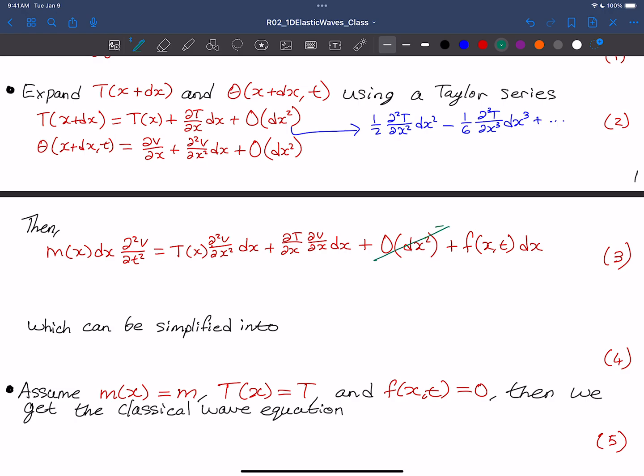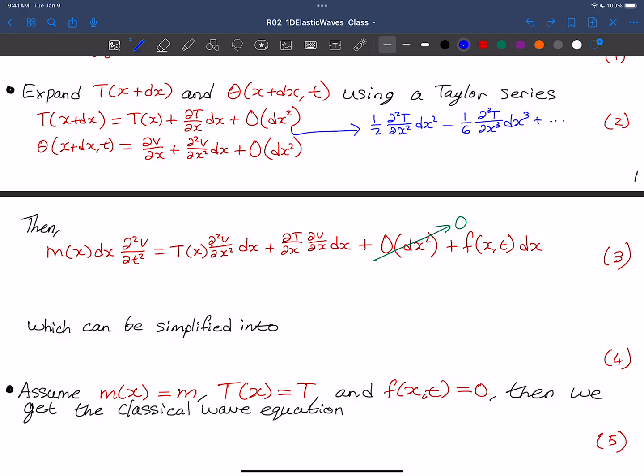And at this point, we can just say that those big O terms are all equal to 0 and truncate and get rid of those. And then you'll see that we now have a dx in every part of the equation that we can eliminate. Actually, before we do that, is this equation as shown here, with the big O set to 0, a linear equation or a nonlinear equation?